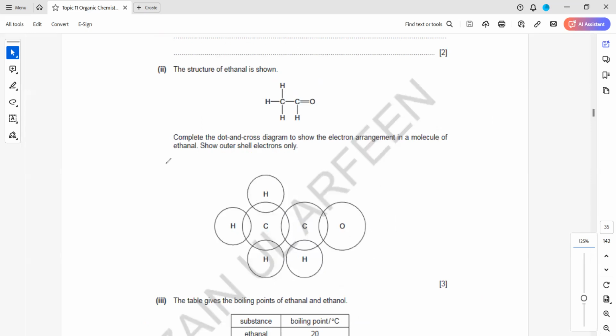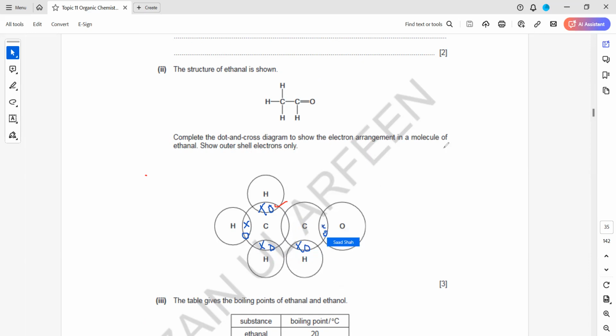Use a dot and cross diagram to complete. A single line means a pair of electrons. A double line means 2 pairs should be there. So this is right, dot and cross. For one atom, if you use dot, the other one should be cross.